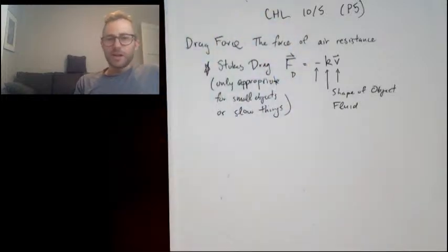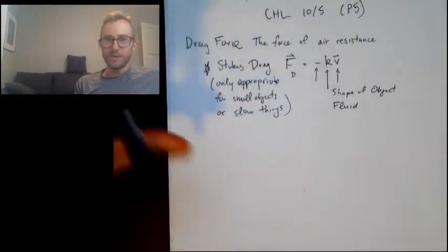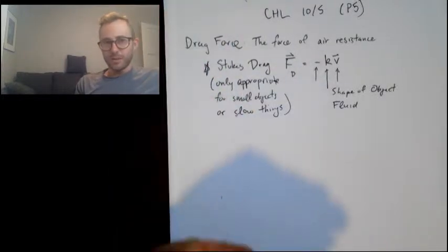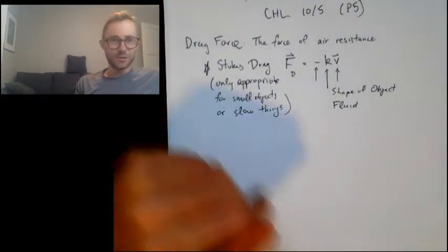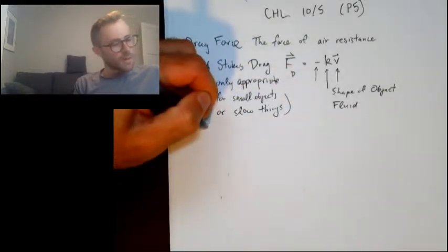So you have to be going really slow or be really small in order for the drag force to be modeled by this kind of a... But like I said, this is the model that the AP exam uses because it is easier mathematically. It's an easier introduction to drag force.